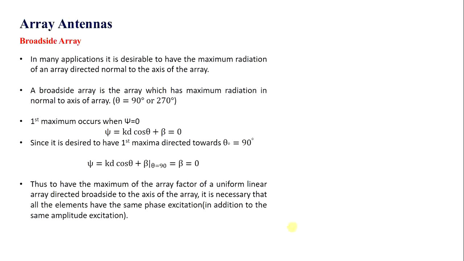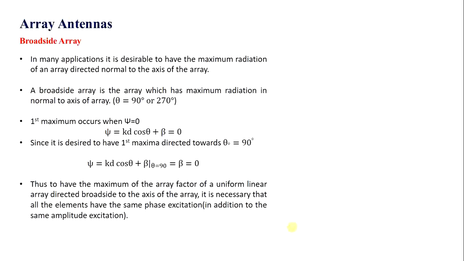The first maximum occurs when psi is tending to 0. So psi equal to k into d into cos theta plus beta, which we are evaluating to 0. Since it is desired to have the first maxima directed towards theta equal to 90 degrees, if we put theta equal to 90, we know cos 90 is 0.